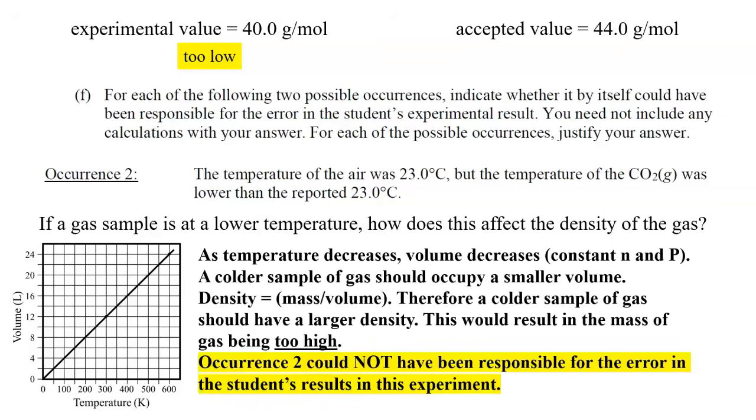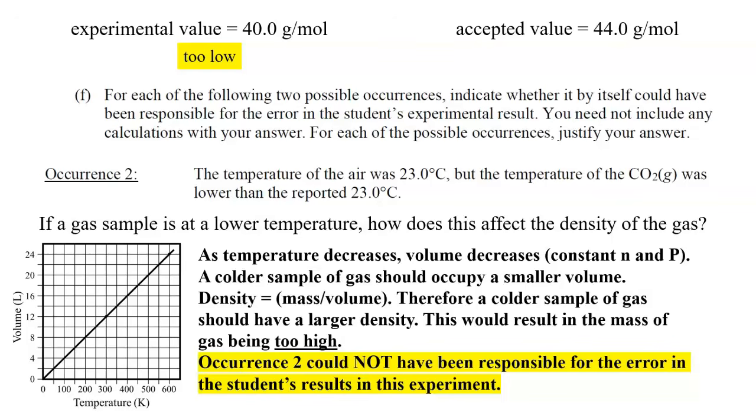So if you decrease the temperature of a gas, its volume will decrease under conditions of constant number of moles and pressure. So a colder sample of gas should occupy a smaller volume, and since density equals mass divided by volume, we can say that a colder sample of gas should have a larger density. So the same mass of gas would be present in a smaller volume.